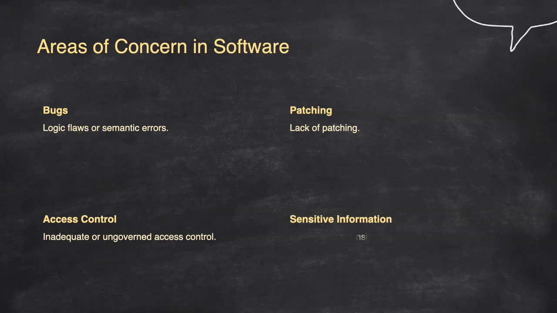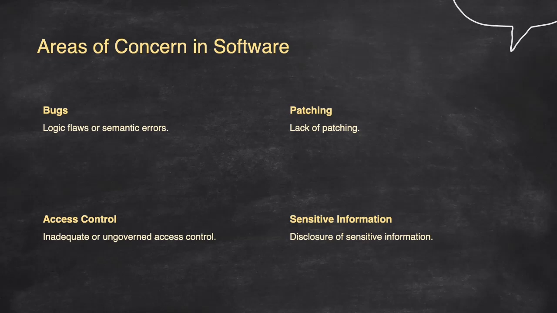Next, about sensitive information. Friends, the disclosure of sensitive information occurs when confidential or private data such as personal details, financial records, or proprietary business information is unintentionally exposed or accessed by unauthorized individuals. This can happen due to software vulnerabilities, inadequate encryption, poor access control, or human error.